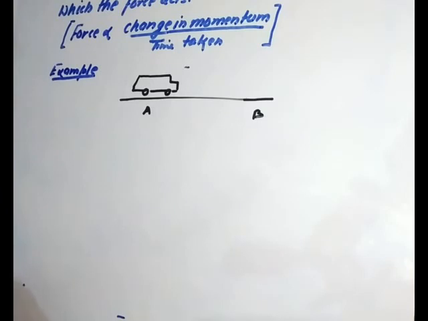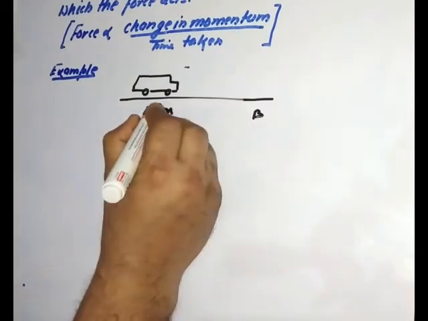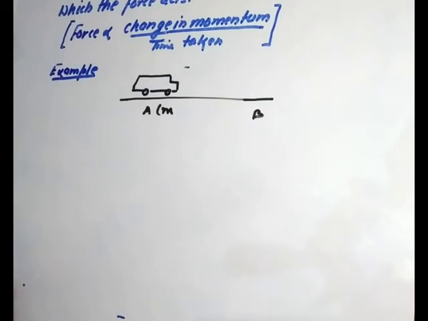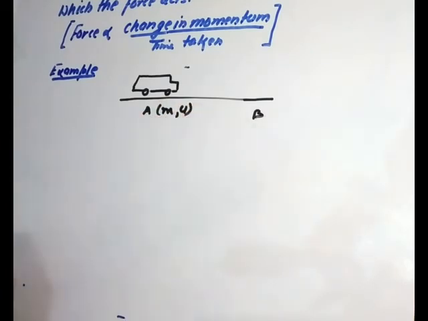When the bus is at point A, it has mass m and the initial velocity of the bus is u.